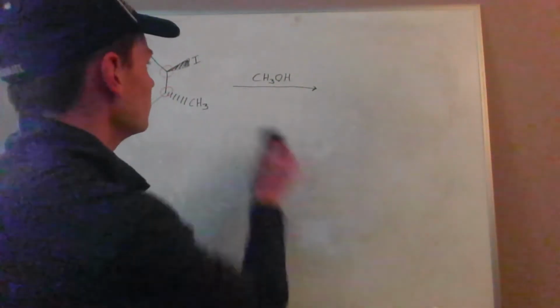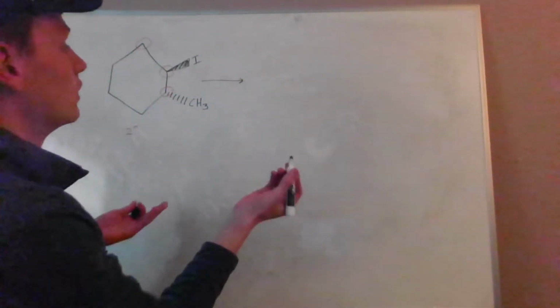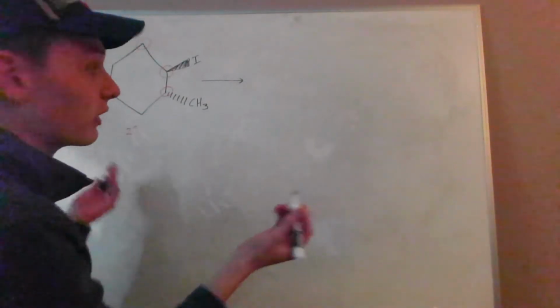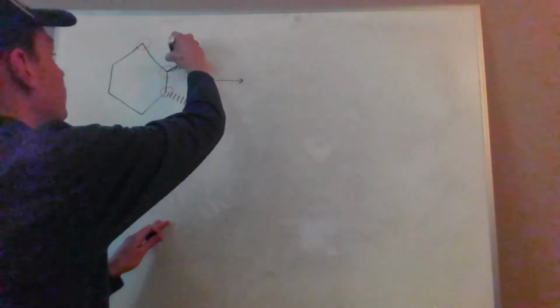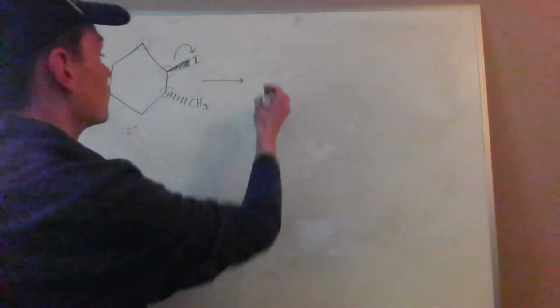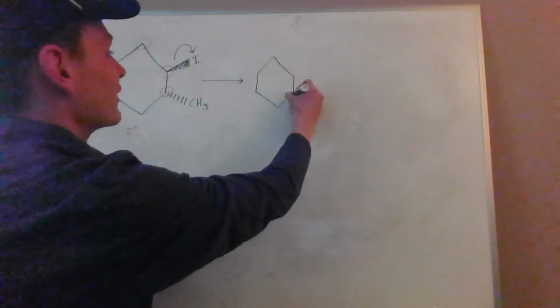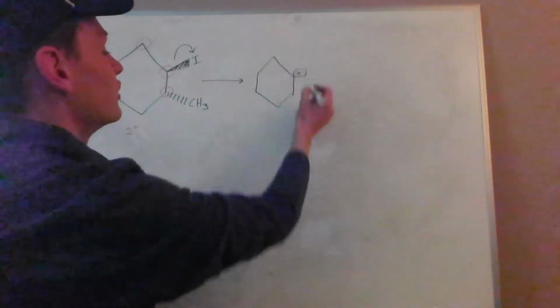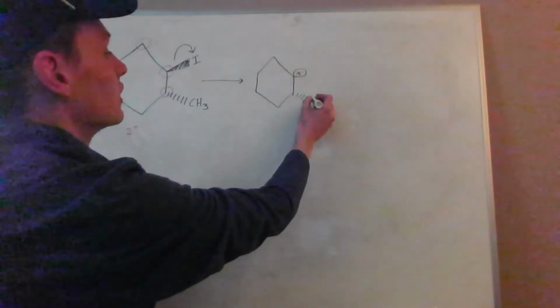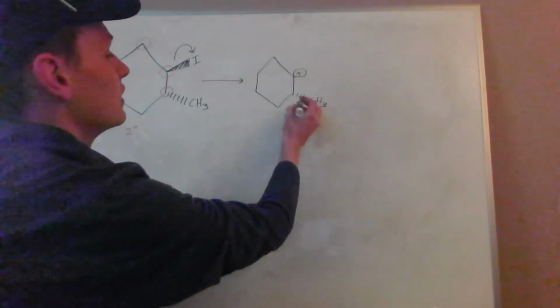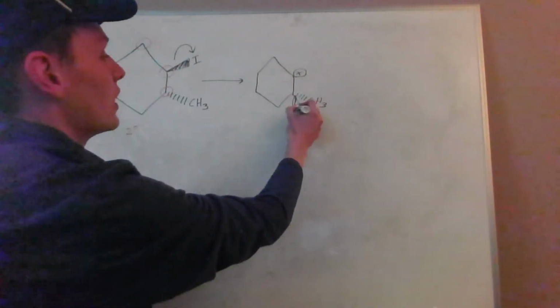So for our mechanism, if we were going to draw this out, what happens in the first step? Leaving group goes away, goes bye-bye. And then we have our cyclohexane ring, okay? And we have our positive charge here, and we have our methyl here. And we have a hydrogen wedge.